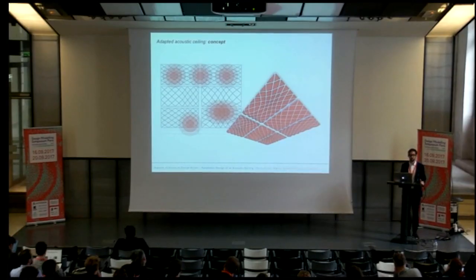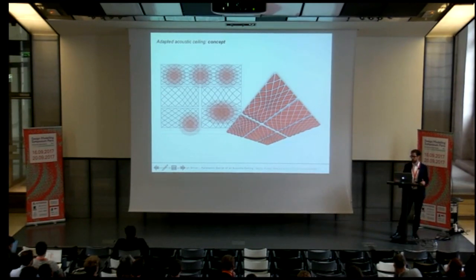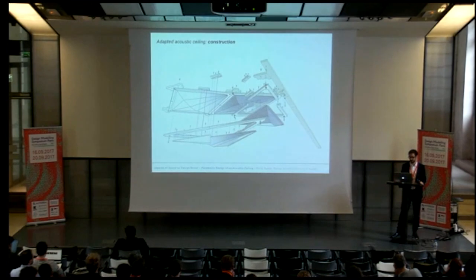The geometry of the sound-absorbing elements under the ceiling is dependent on the proximity to these noise emitters. The closer they are, the smaller the units become, which you can see in this graphic and here as well, and they fold more and more into the space, generating a larger surface for sound absorption, and at the same time constituting angled polygonal surfaces for sound scattering.